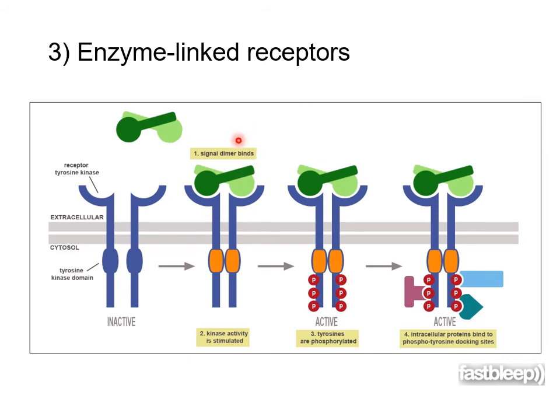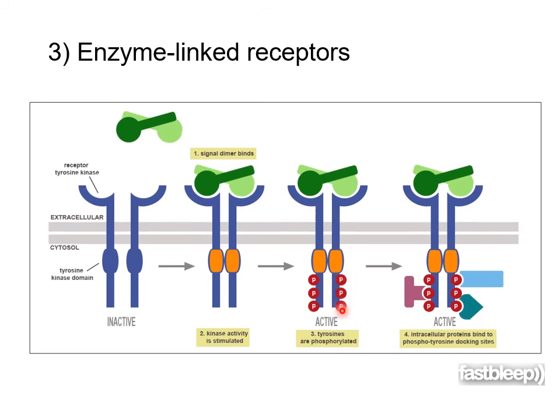And once the dimer is formed, the tyrosine kinase regions get activated. It causes ATP to become ADP, which results in an autophosphorylation of the receptor. So now, each tyrosine picks up a phosphate group.